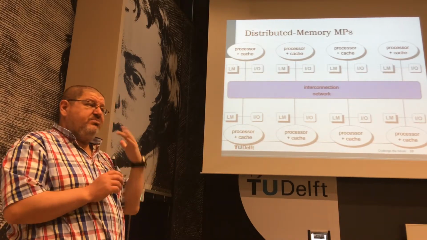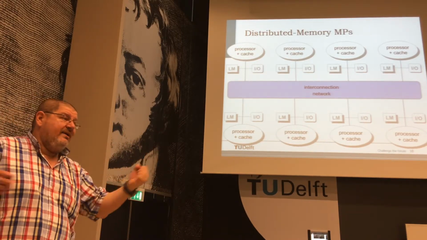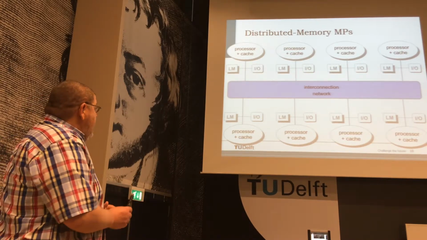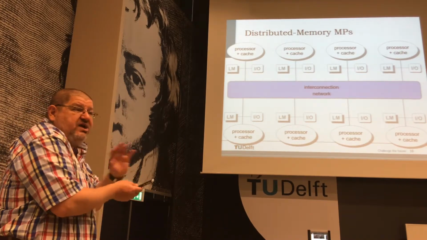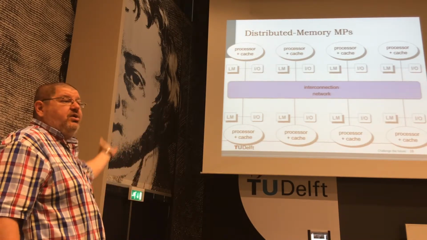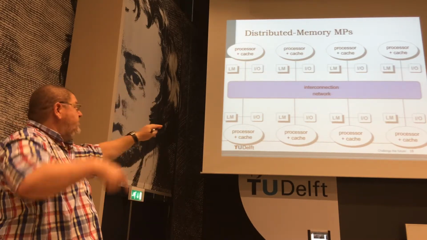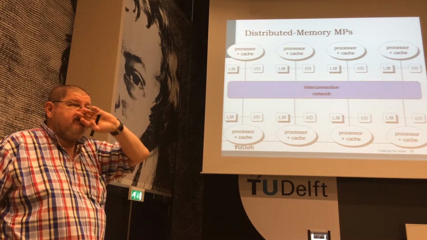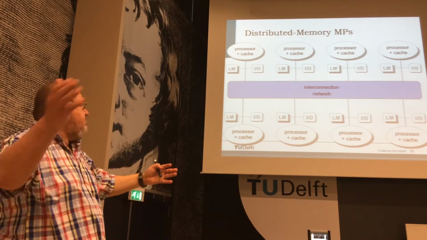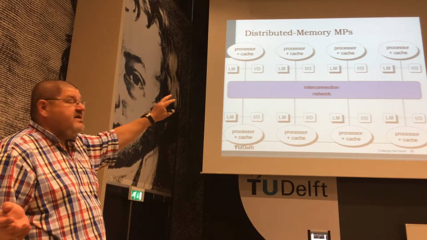As opposed to the previous case where I had processor, cache, bus and main memory, in here every processor has a cache, which I don't see, and a chunk of memory which is available for all the others. I cut the big memory in parts, chop it, and give everybody a piece. I can also put another larger memory, which could be a second level of hierarchy if I want to, as a player in this case.